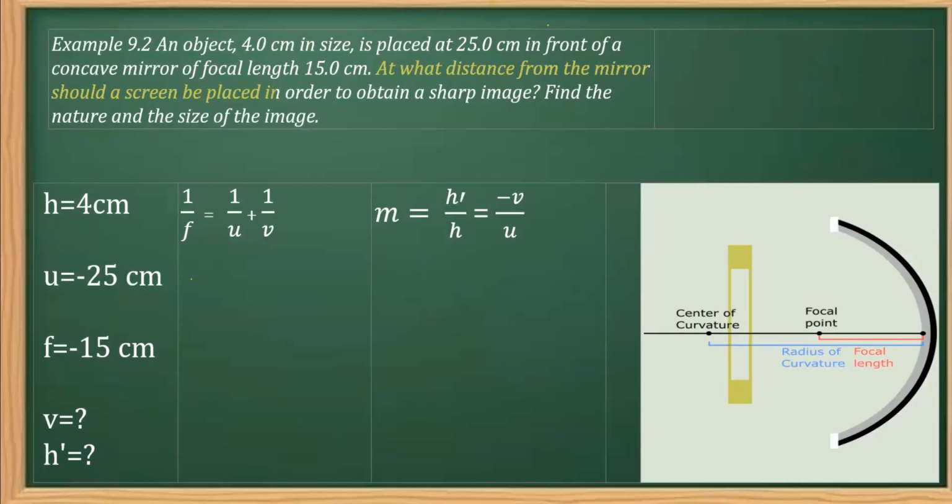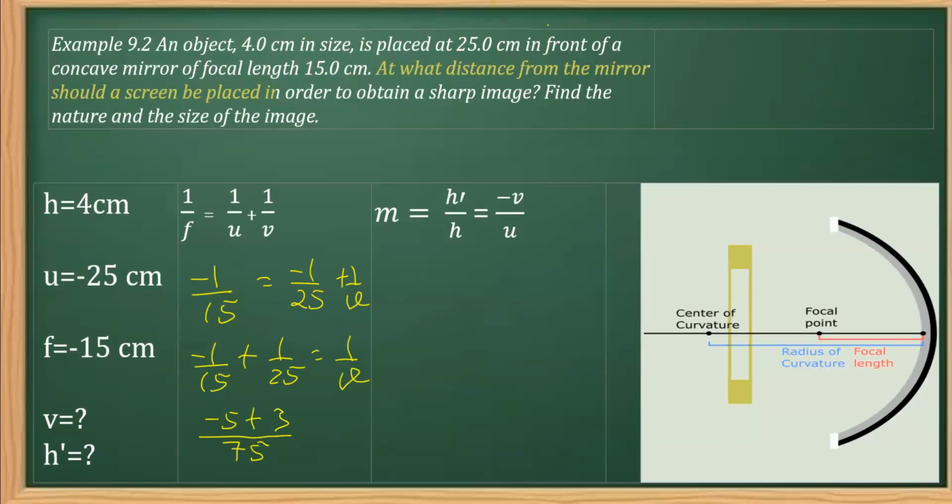So let's place these values. We have minus 1 over 15 is equal to minus 1 over 25 plus 1 over v. In the next step, I'm transposing minus 1 by 25 to the other side, so we'll get 1 over v. Now, on taking LCM, 75 is the LCM in this case. This is minus 5 plus 3 over 75 is equal to 1 over v.